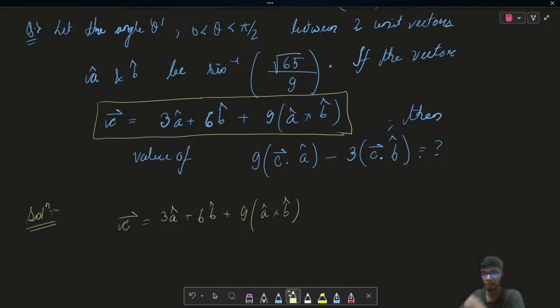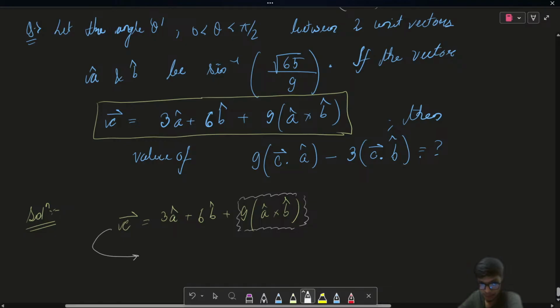The difficult part to evaluate is this cross product term. If I'm able to remove this part from my expression of c vector, then it will be very easy. So an important step to understand is that we will take a dot product with a vector on both sides.